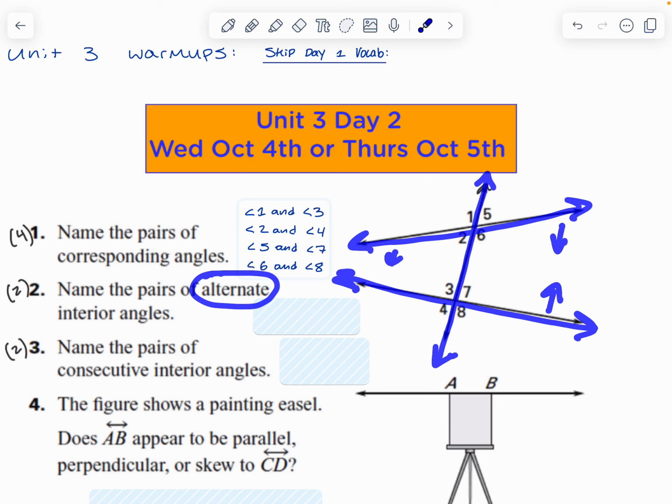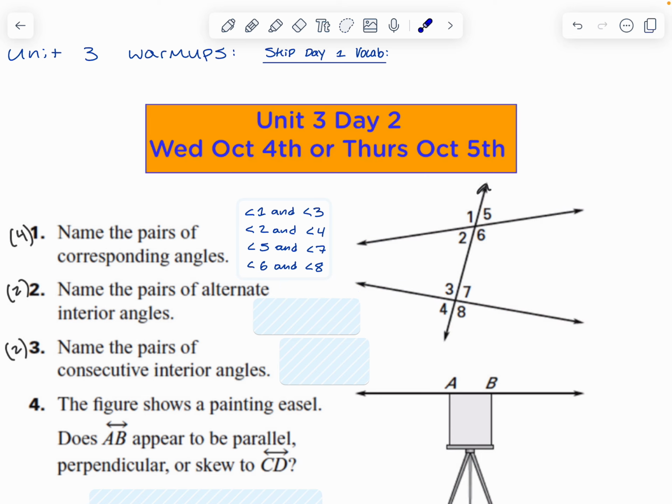So they need to be inside of those 2 lines. Alternate and interior would be angles 2 and 7 and angles 6 and 3. So we have angles 2 and 7, and angles 6 and 3. Those are our 2 pairs of alternate interior angles.